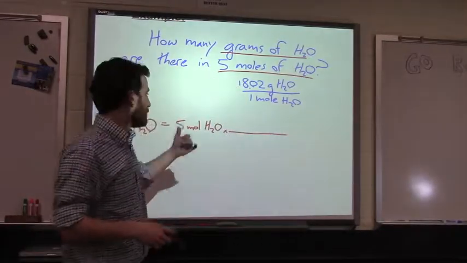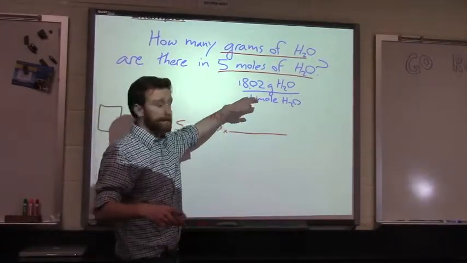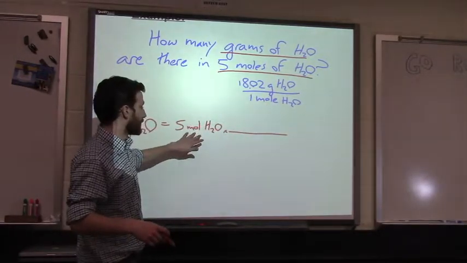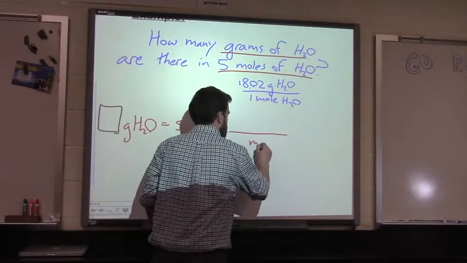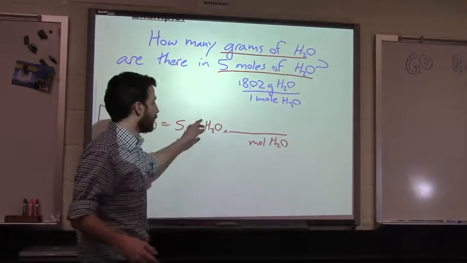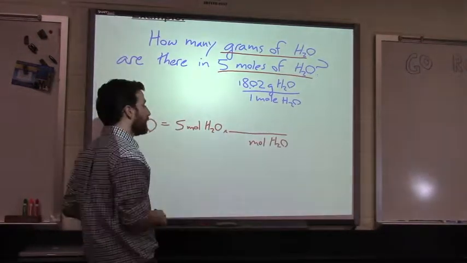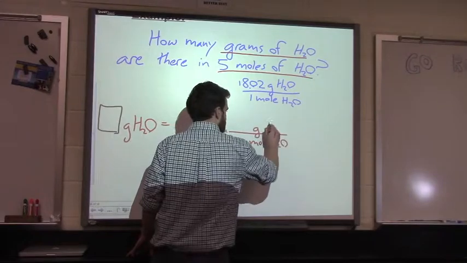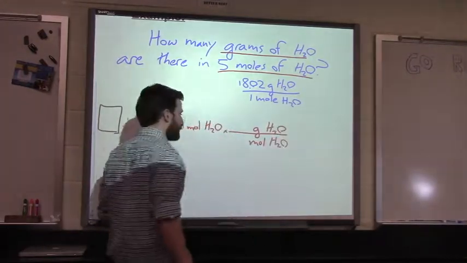Now luckily I wrote my conversion factor right the first time because I have moles in the denominator. So since I have moles in the numerator here, I can have moles in the denominator here. And we know that mole over mole cancels out. And I want to get to grams, so I write grams in the numerator up here.